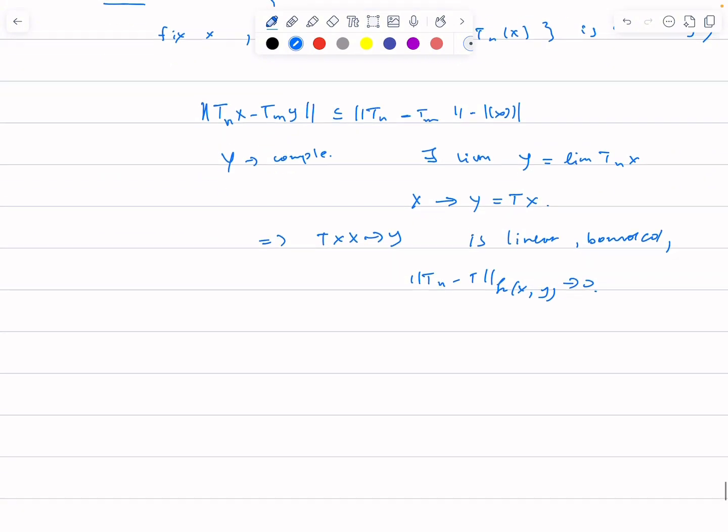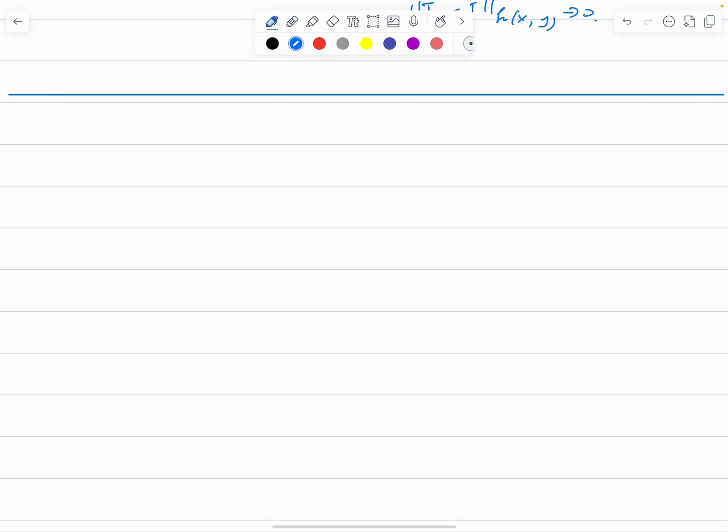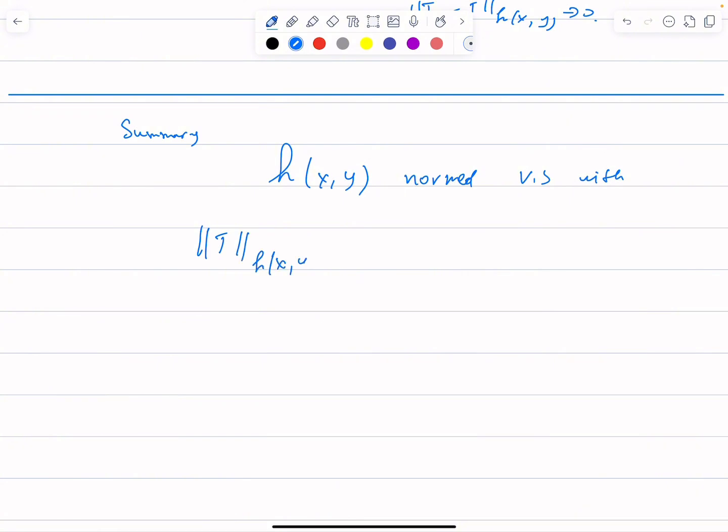So here we can do some summary. We have L(X,Y). This is a normed vector space with the norm of T in L(X,Y) equal to the supremum of the norm of Tx in Y divided by the norm of x in X when x is not 0.